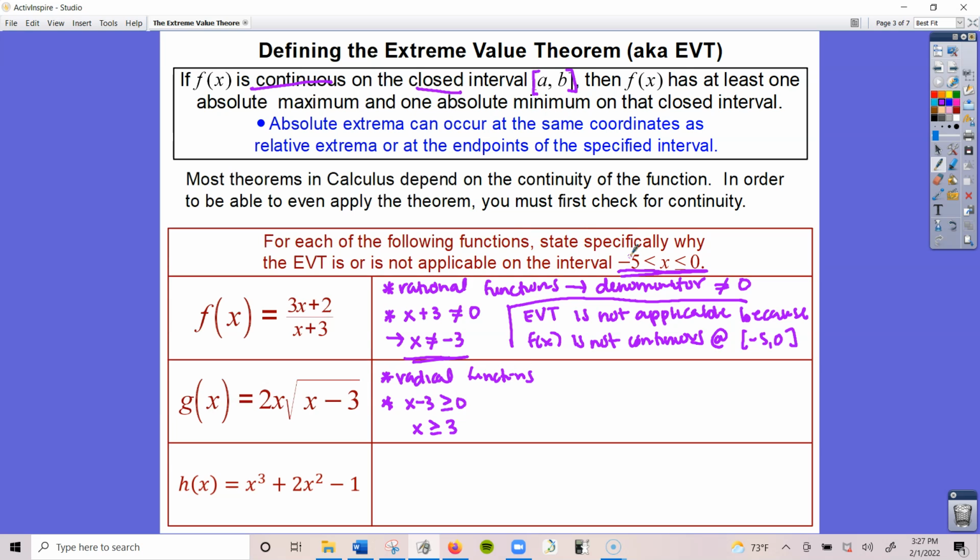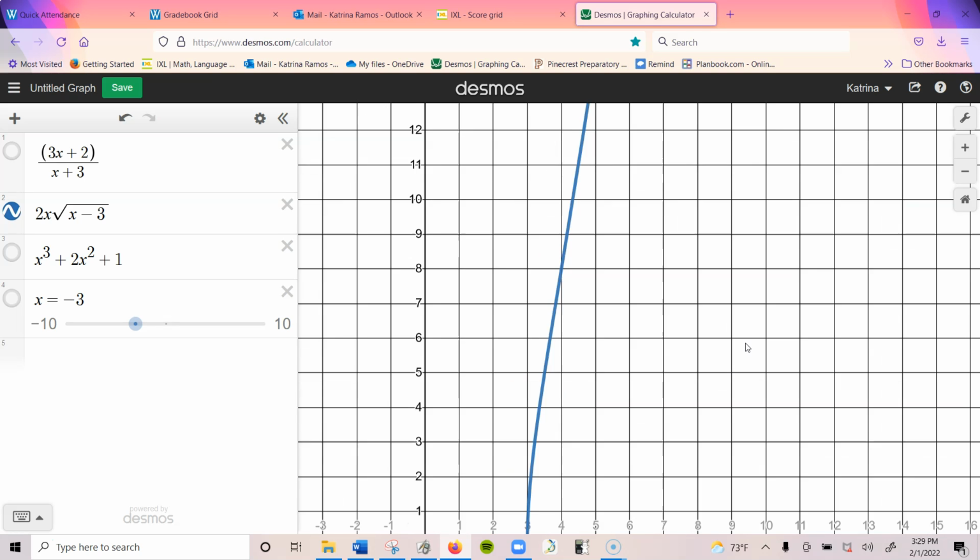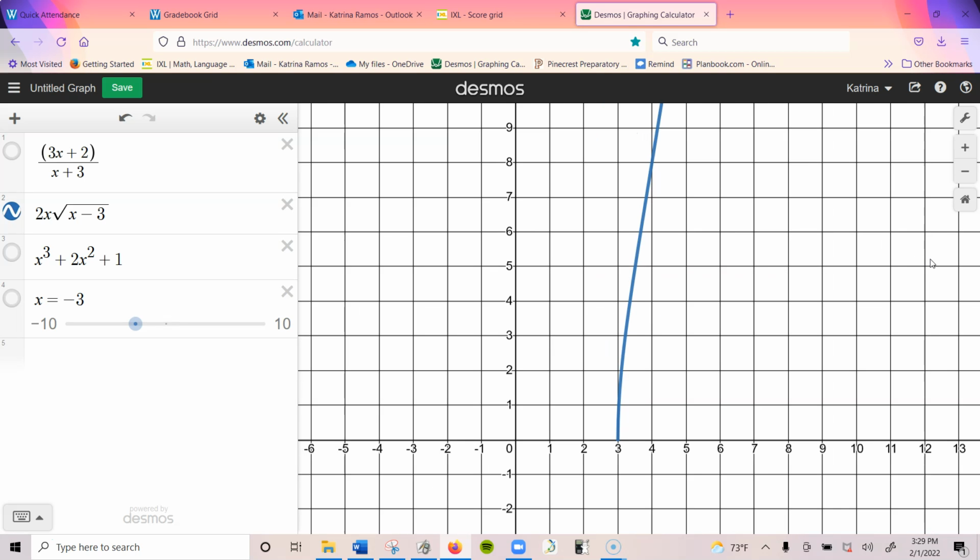But my interval is from -5 to 0. This particular graph would start at 3, and then it has to be greater than, so it would go forever to the right. So that is completely outside of this interval. And again, let me show you that graph. If I look at the graph, you see how it starts here at x equal to 3, and then it's very steep, but it does go forever to the right.